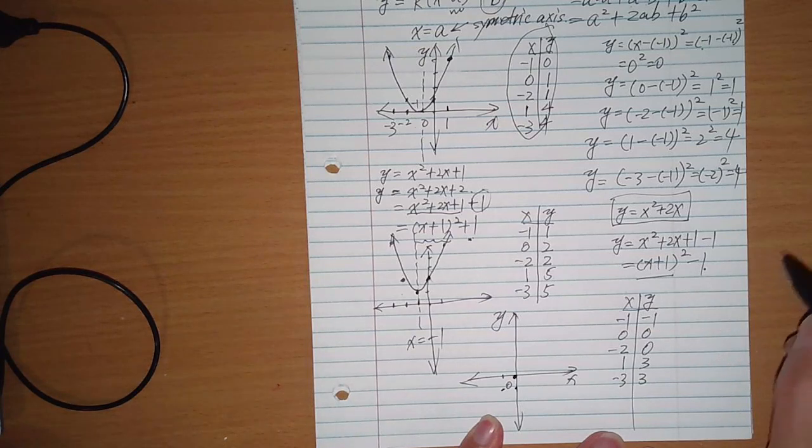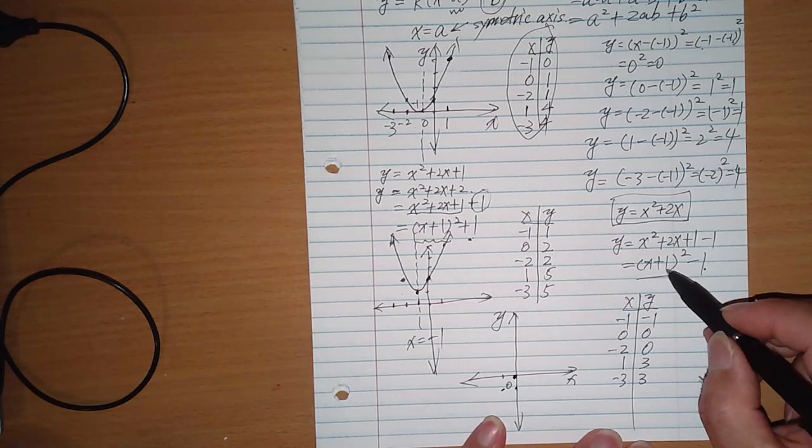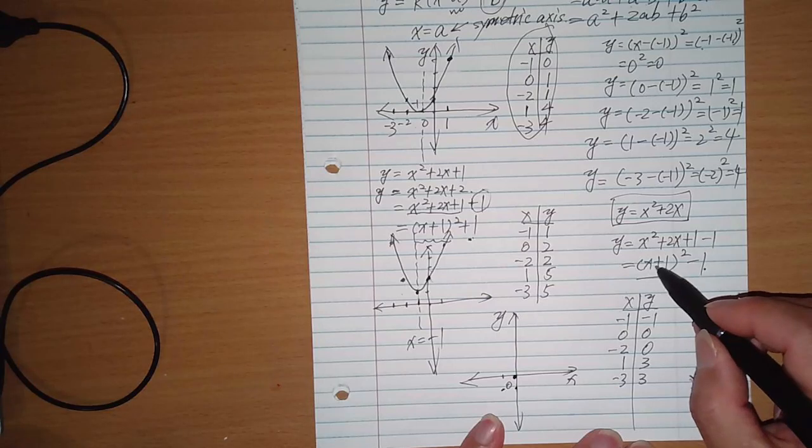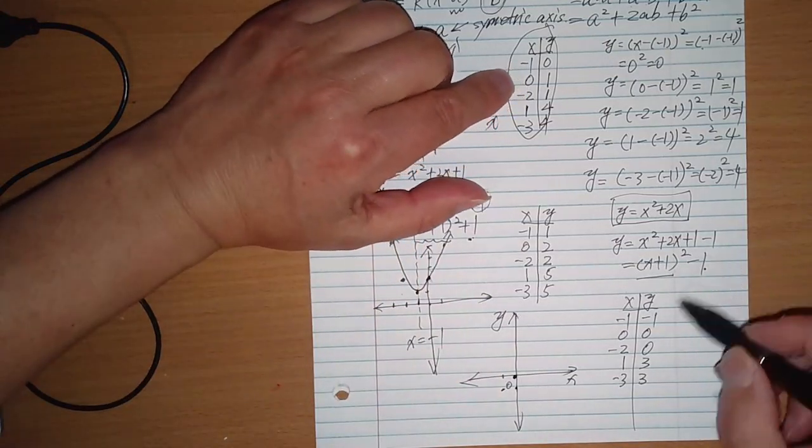Now that is not correct. So x plus 1 squared. Wait a second, let me do it again.